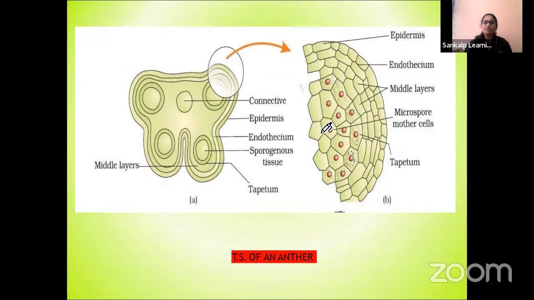It provides nutrition for the microspores, for the developing pollen grains. Inside the tapetum you can see a mass of cells, called sporogenous tissue. These cells are called microspore mother cells.